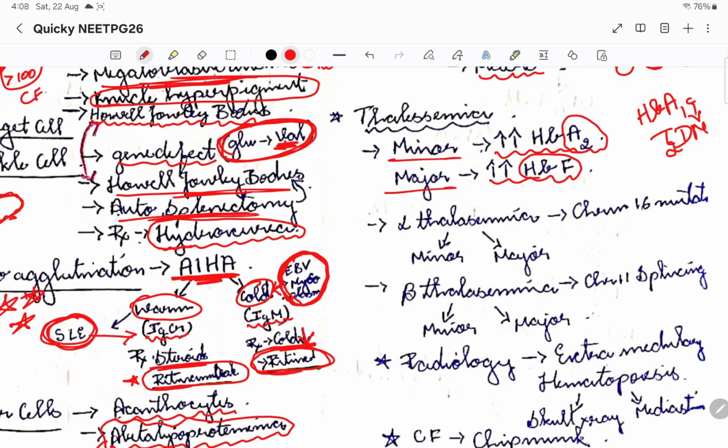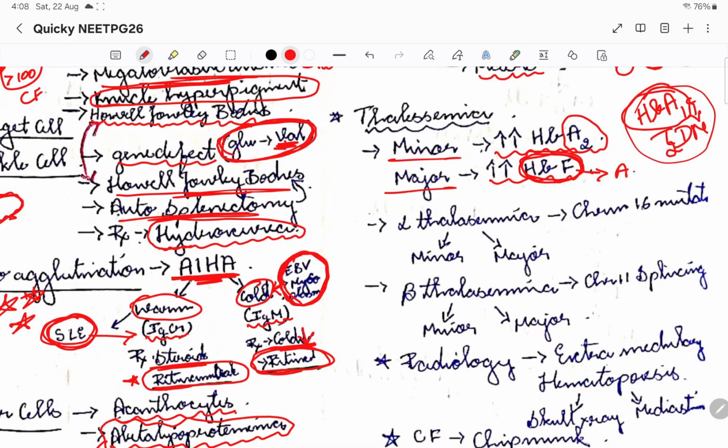This is the normal hemoglobin, but A2 should not be increased. If A2 increases, it is going to cause minor thalassemia. And HbF was supposed to be only in the fetus, but if it is increased in adulthood also, then it is going to cause thalassemia major.